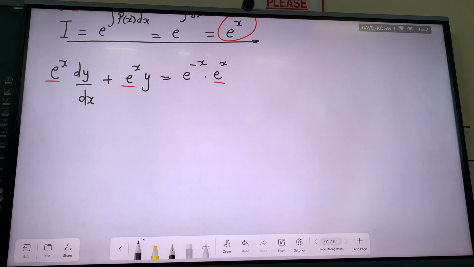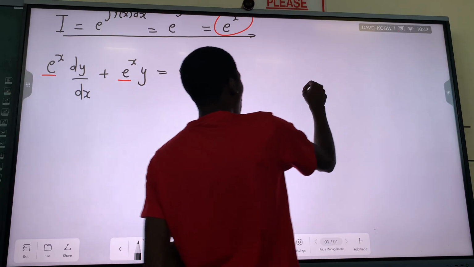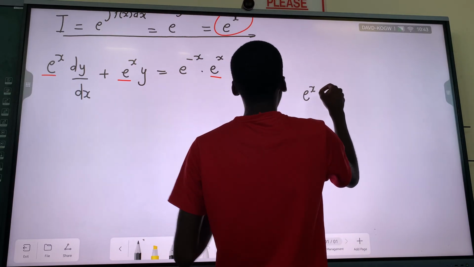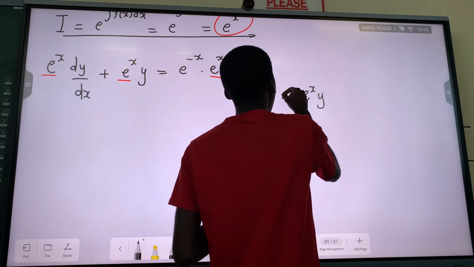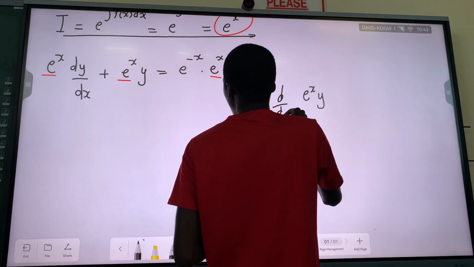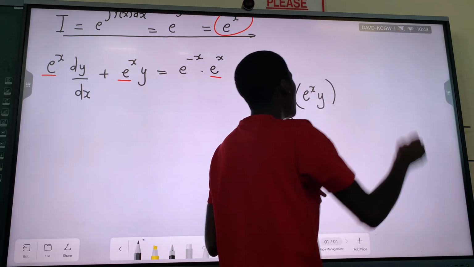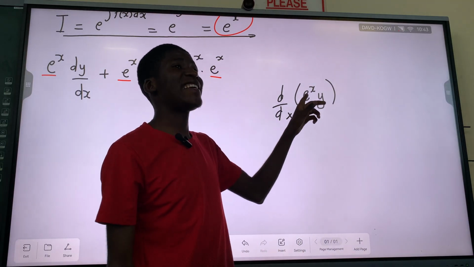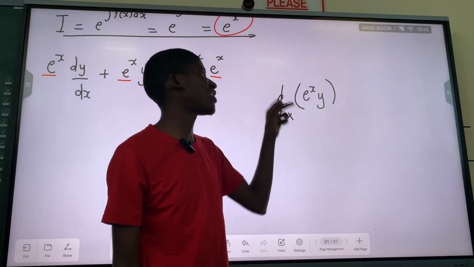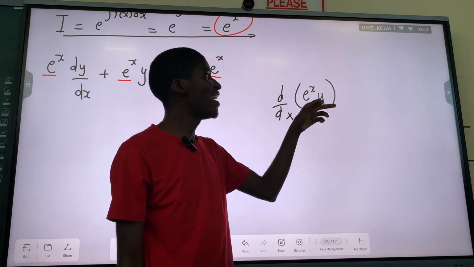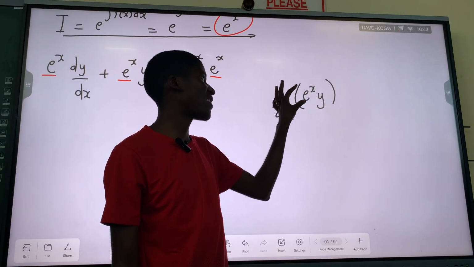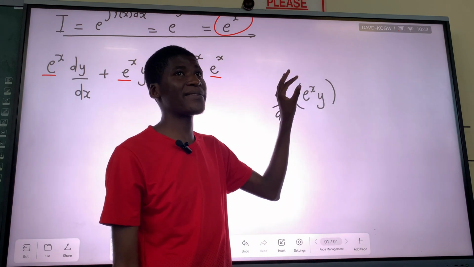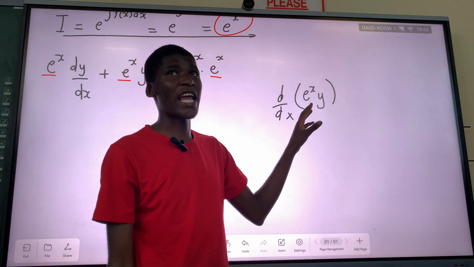Follow the process carefully, because here if you realize, if we say e to the power of x times y, and we differentiate this with respect to x, if y is a function of x, according to calculus 1, and e to the power x is also a function of x, we differentiate this using the product rule.